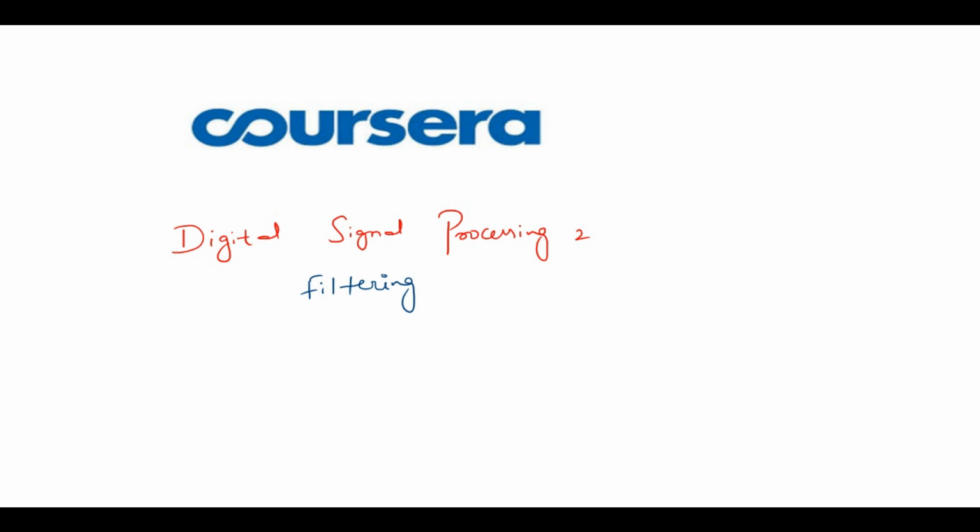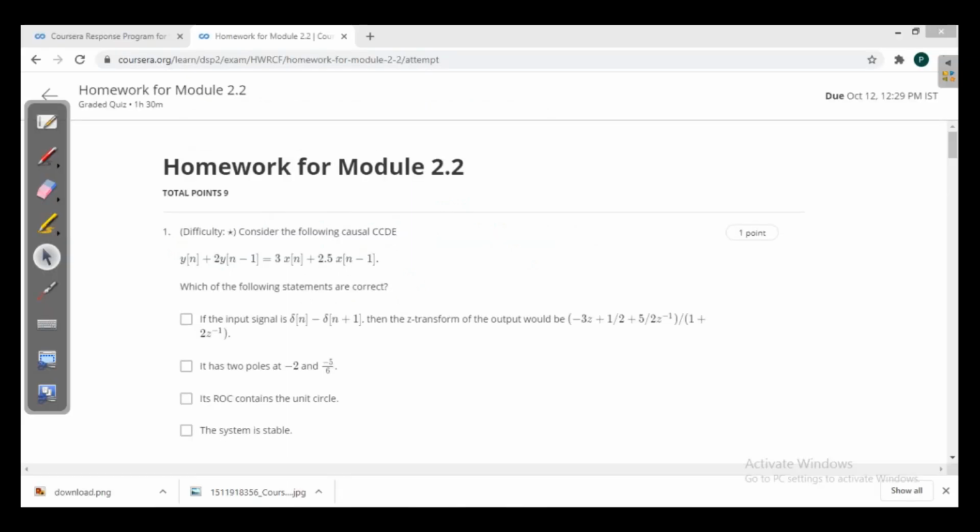Let's take the quiz. The first one: consider the following causal CCDE. y of n plus 2y of n minus 1 is equal to 3x of n plus 2.5x of n minus 1. Which of the following statements are correct?